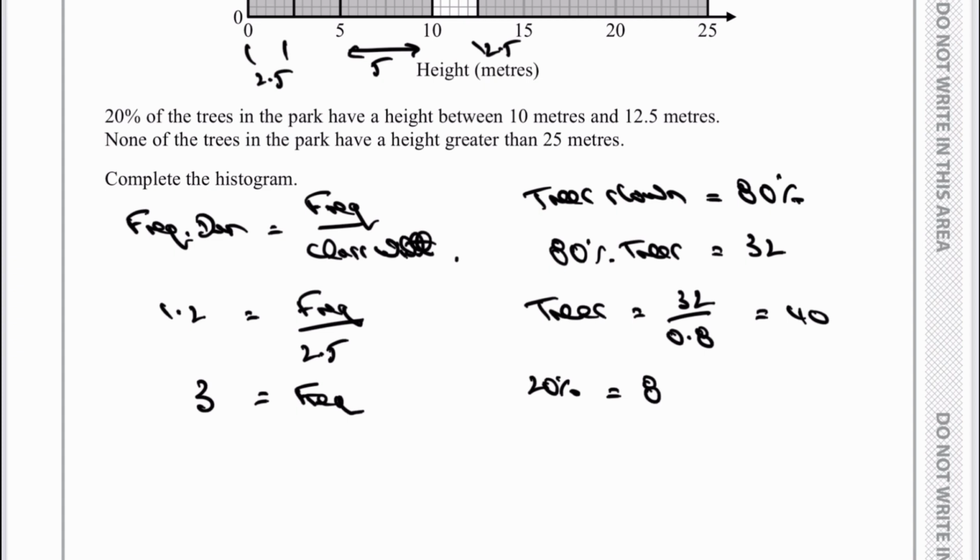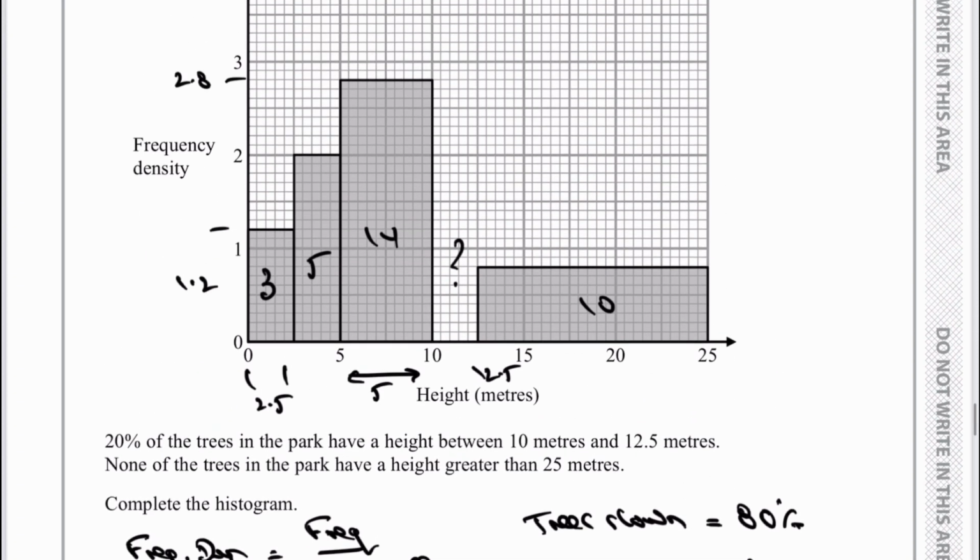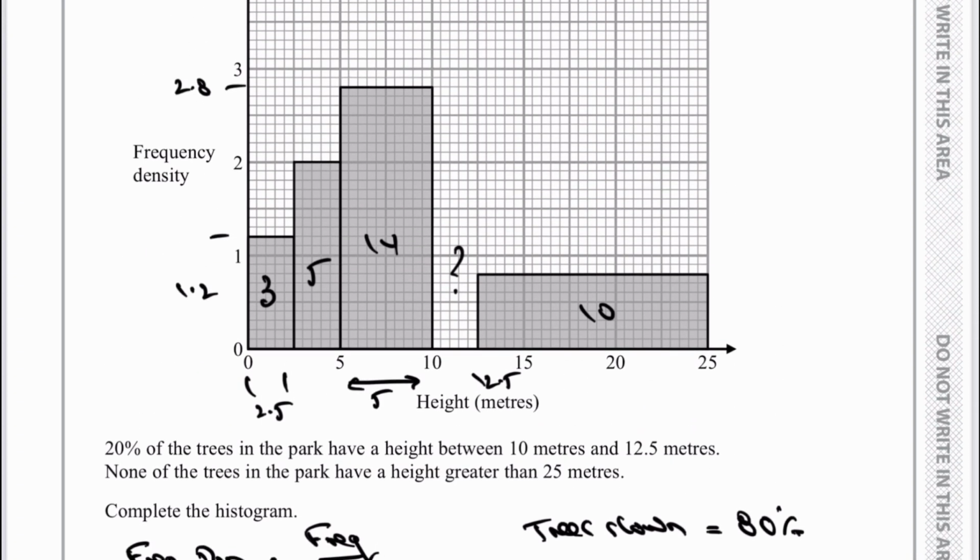So I can use exactly the same formula: frequency density equals frequency divided by class width, and that's going to equal a frequency of 8 and a class width of 2.5. Therefore the frequency density will be 3.2, and I can simply draw this on this particular diagram, and that would give me the completion of the histogram as they've asked for.